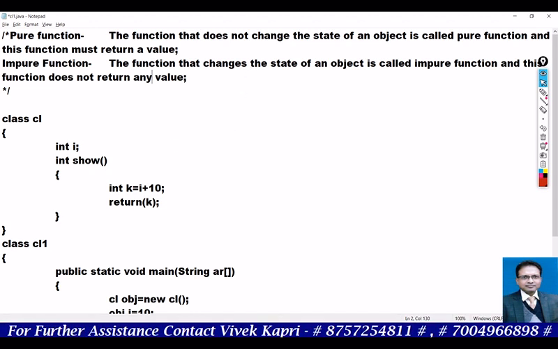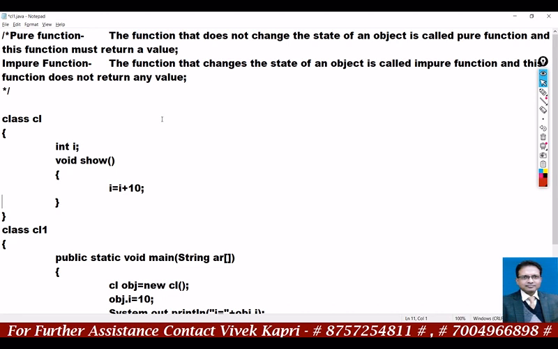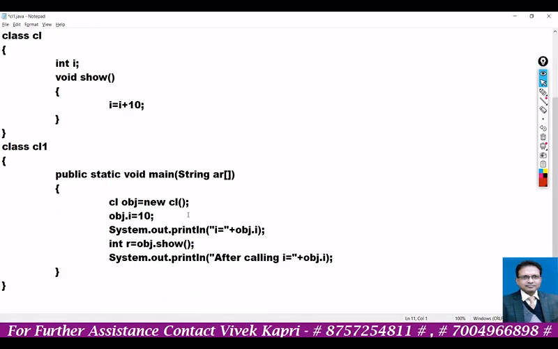So what will be the changes made in this case? Instead of int you will have to write void, and change the functionality: I equal to I multiplied by 2. The rest will remain the same, only change the way of calling here.